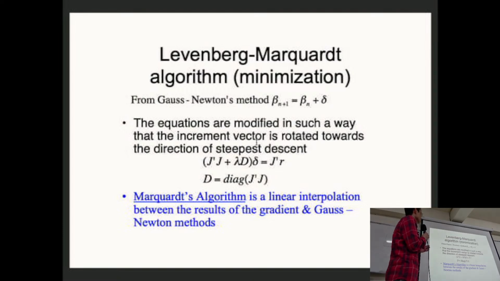Mathematically speaking, that algorithm is a linear interpolation between the result of the gradient method and Gauss-Newton's method. But I'm not going to explain how we derive the lambda and d.